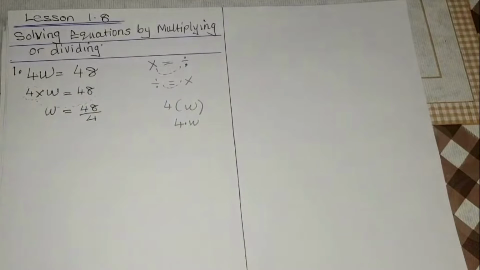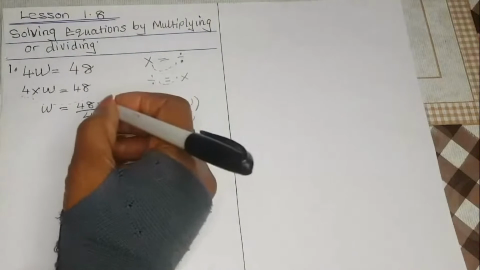What is 48 divided by 4? Which one number can you use to divide both 48 and 4 without remainder? 4.